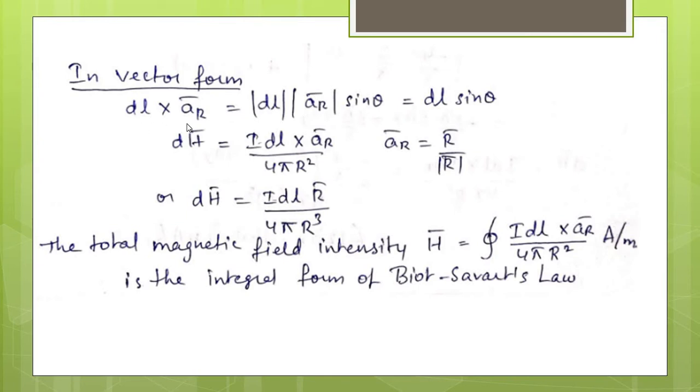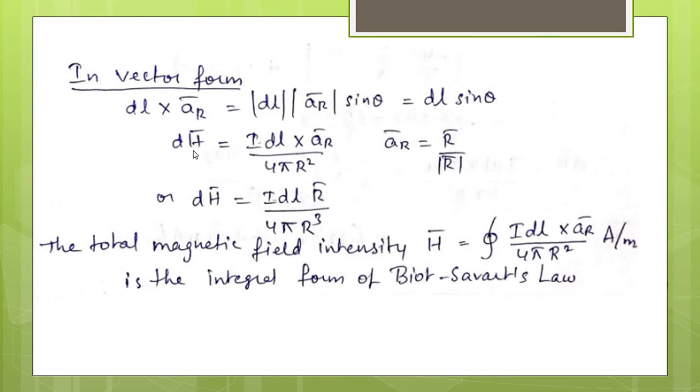So dl cross ar can be written as magnitude of dl into magnitude of ar into sine theta. Since ar is a unit vector, its magnitude will be equal to 1. So here we get dl into sine theta.